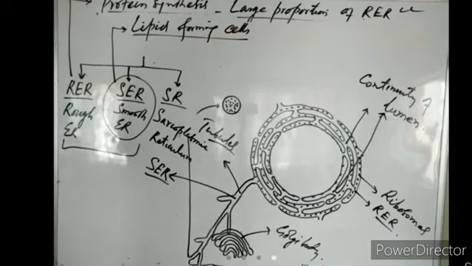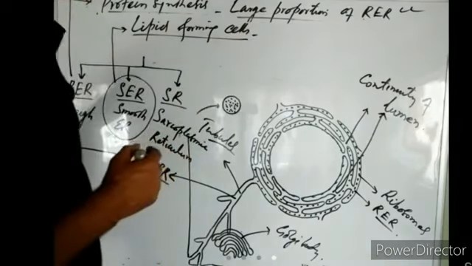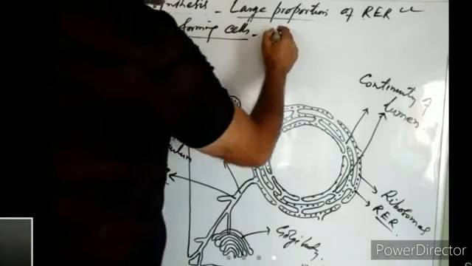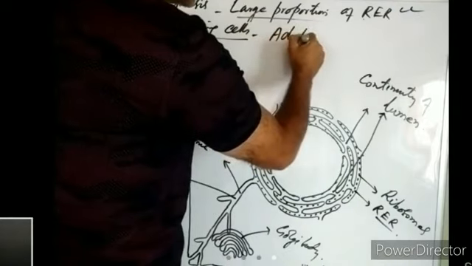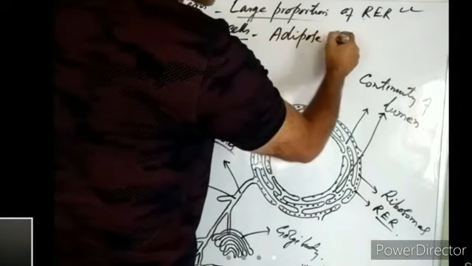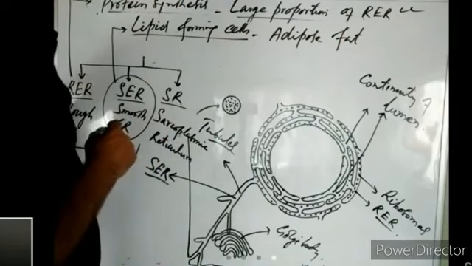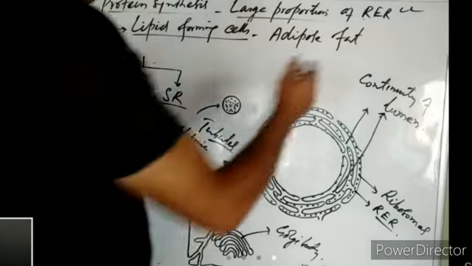Which cells are actually engaged in lipid formation? For example, we have got adipose tissue, cells of adipose tissue, fat synthesizing and fat forming tissue. In adipose tissue, the cells are rich in SER, smooth endoplasmic reticulum.